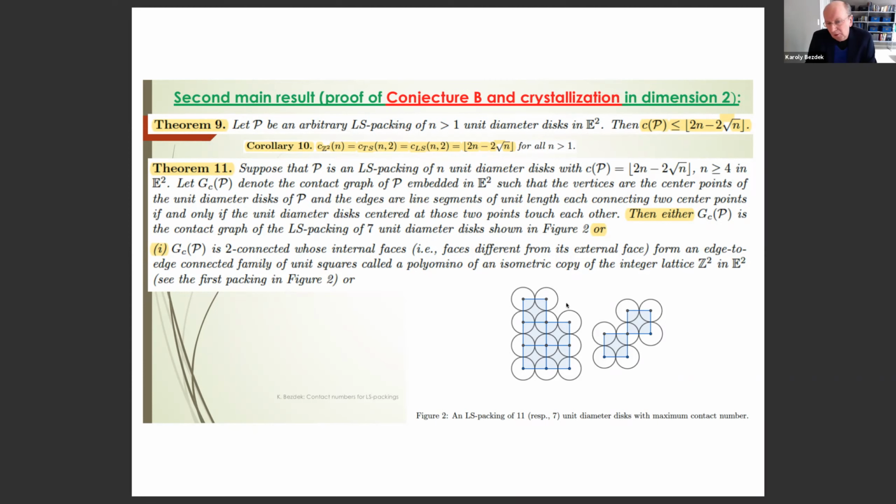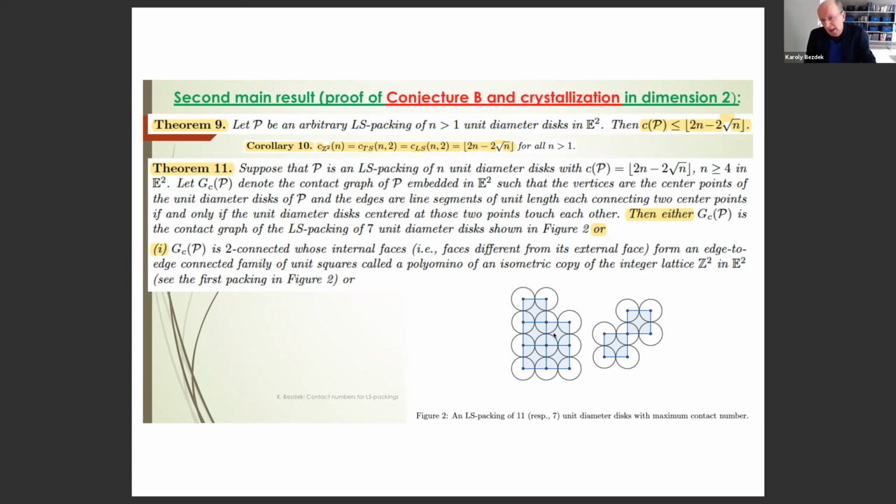Here you see an illustration of that. Here I have drawn the maximum contact graph of 11 unit disks, forming actually not only a locally separable, but totally separable packing, such that the internal faces of the contact graph are unit squares and they form a polyomino. This edge-to-edge connected system of unit squares is called a polyomino.